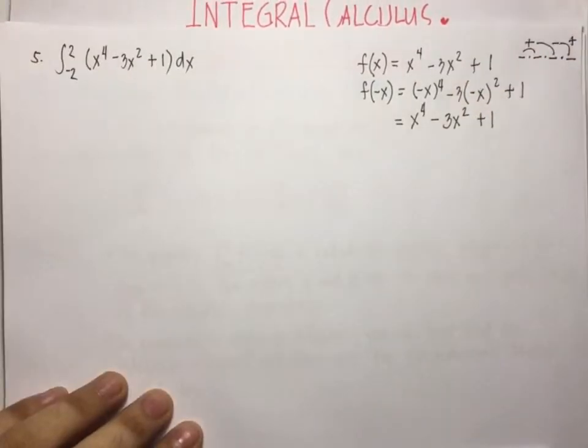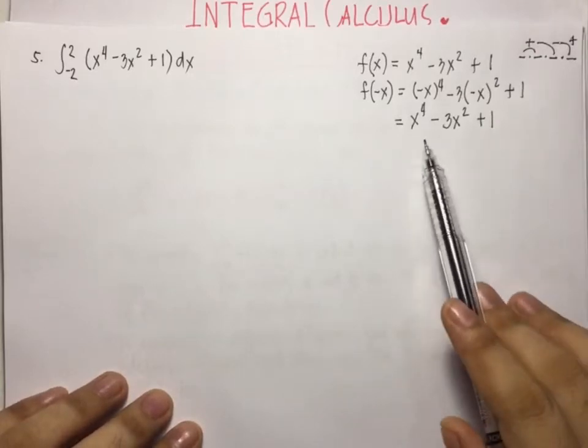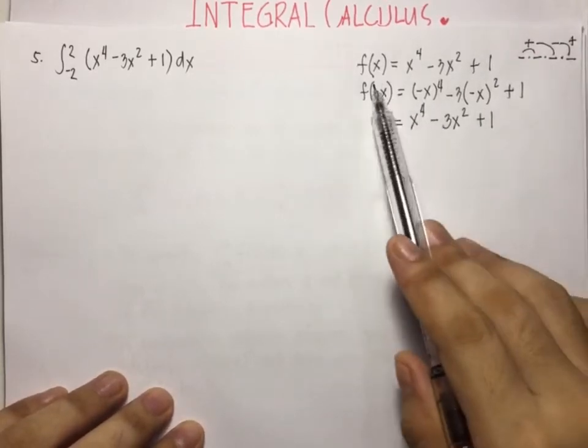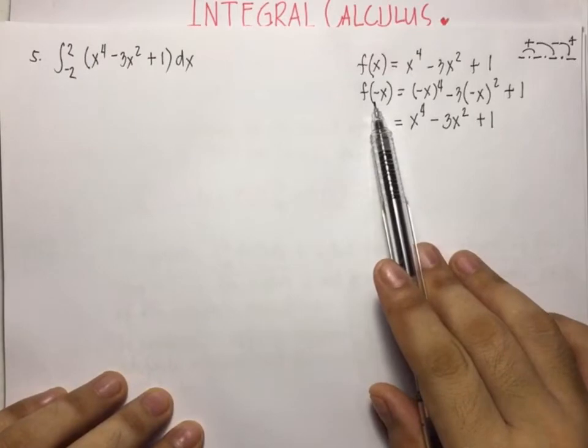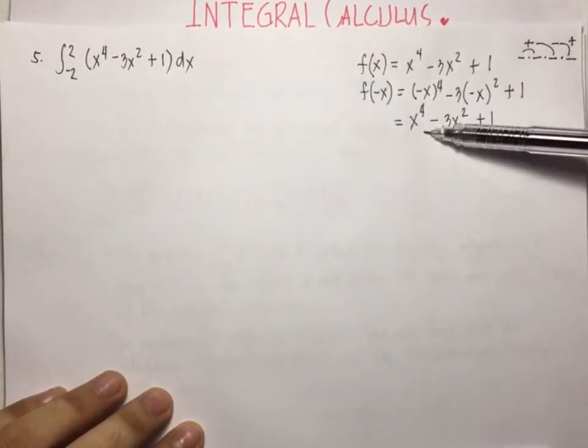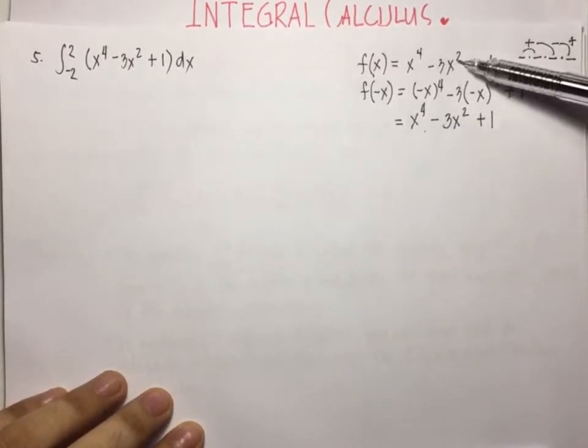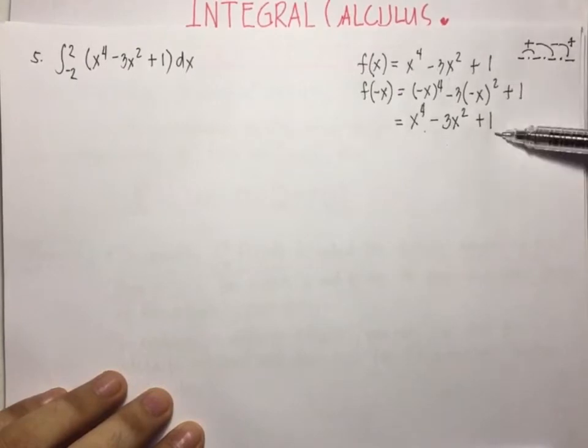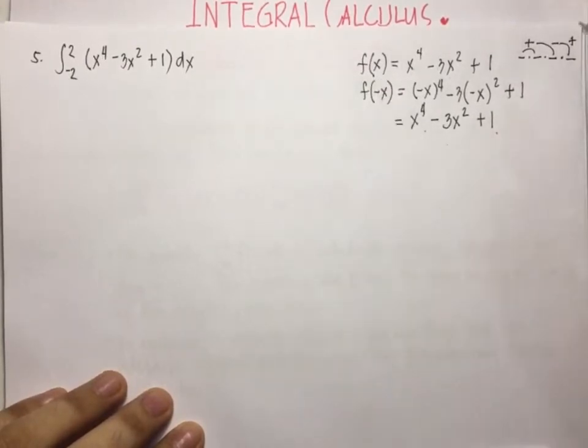Since the right-hand side of the equation did not change sign when x was replaced by negative x, we still have positive x raised to 4, negative 3x squared, and plus 1. f of x is an even function.